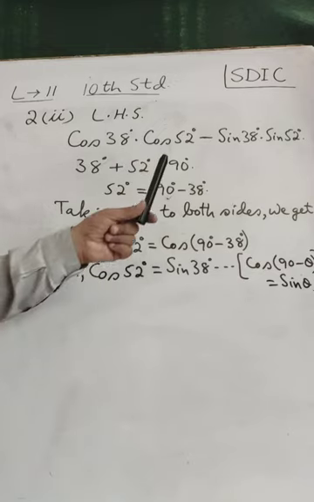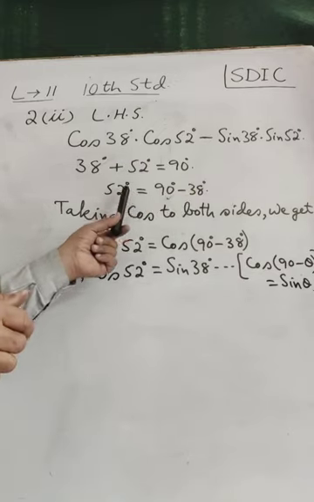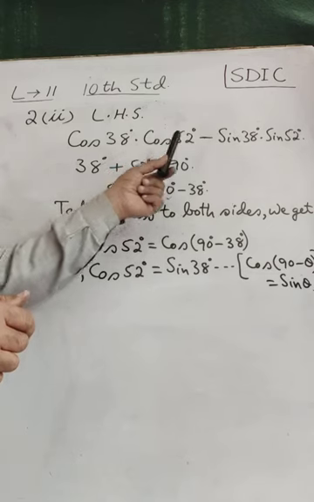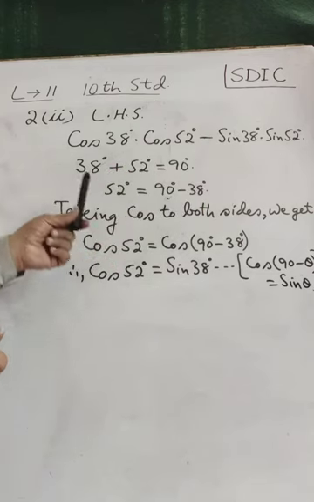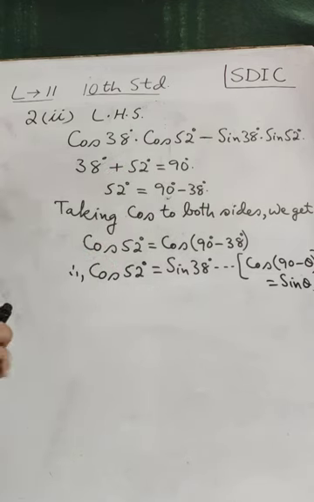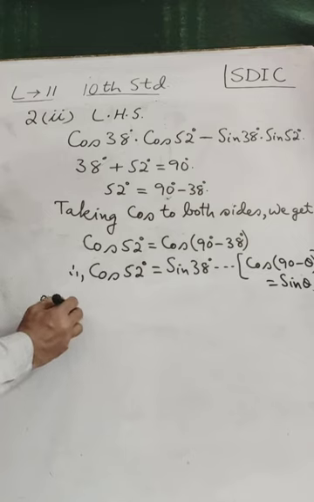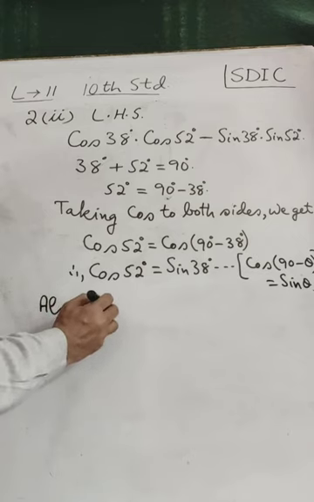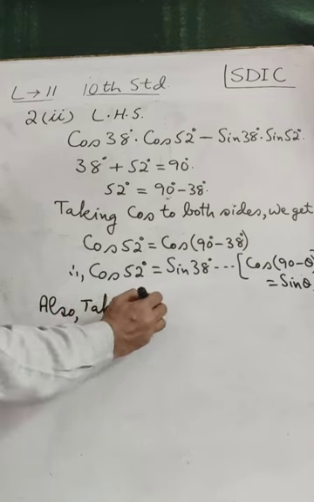Now next, as I said earlier, with 52 we do not have cos only, we have sine also. Therefore we'll do that part also. In this part we took cos to both sides. You will now write also, taking sine to both sides.